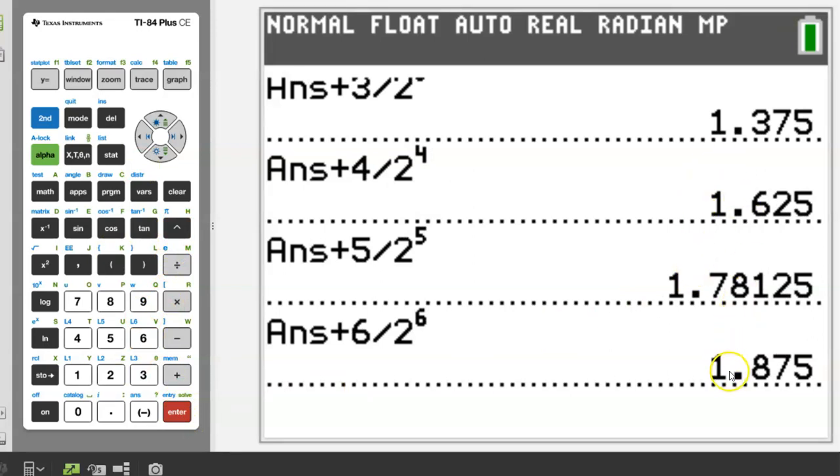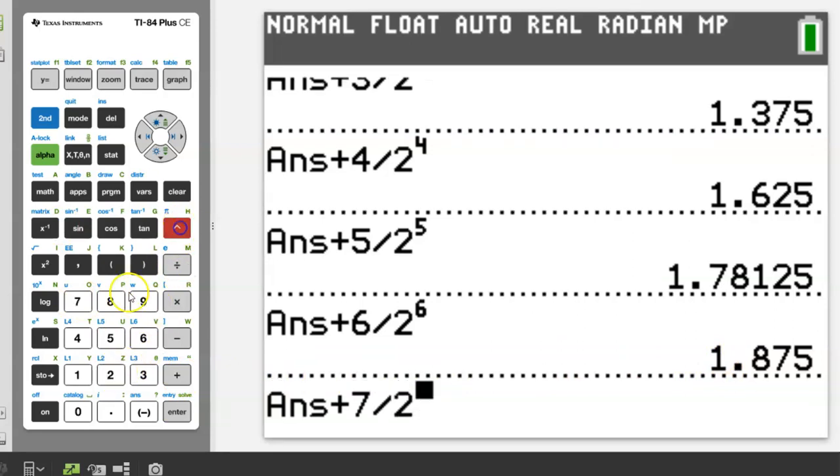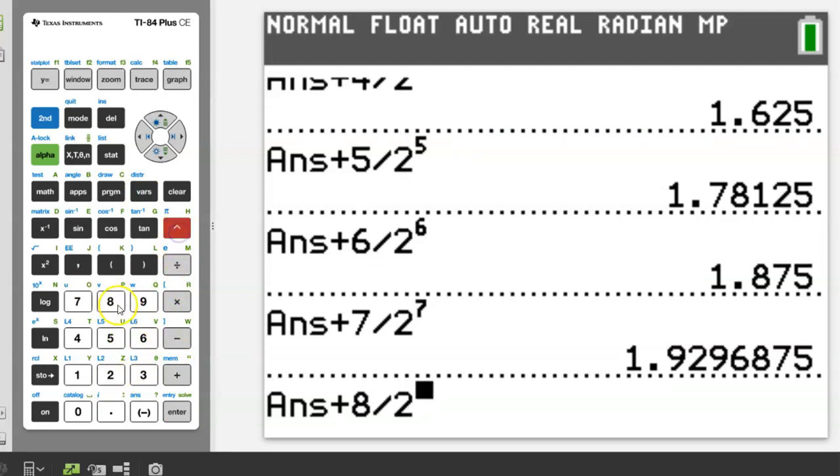All right, any guesses yet? Let's do a few more. Plus 7 over 2 to the 7. One more. Plus 8 over 2 to the 8.